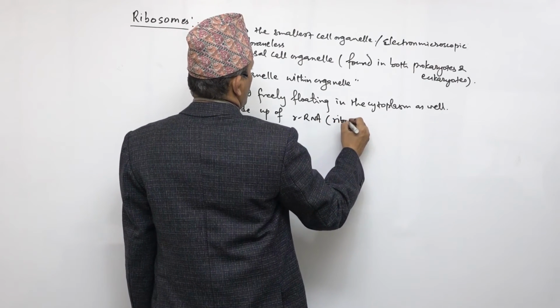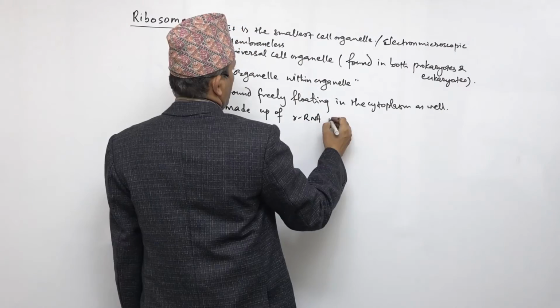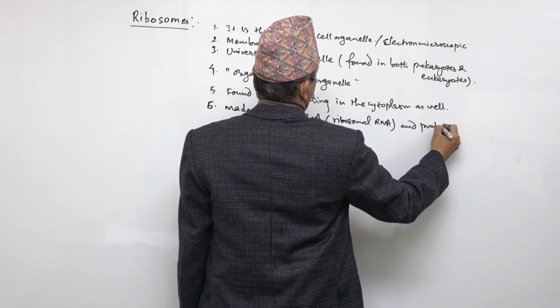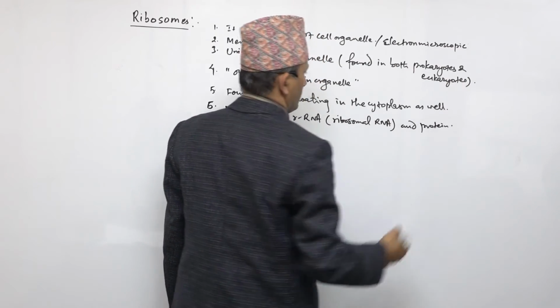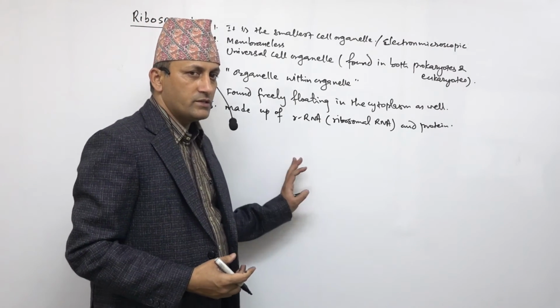So, if you are asked what makes the structure of ribosome, the answer is very simple. Ribosome is made by these two important components: one is rRNA and the other is protein.